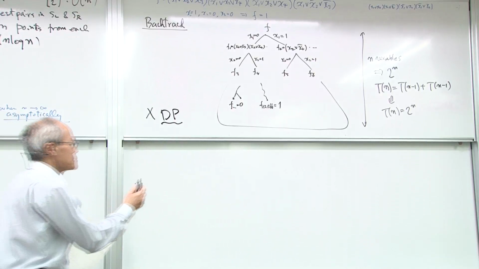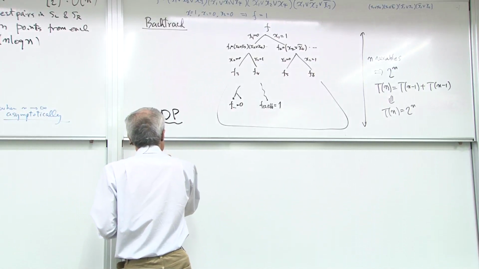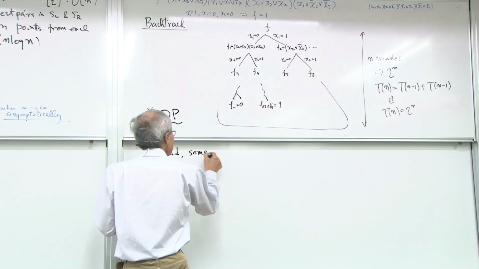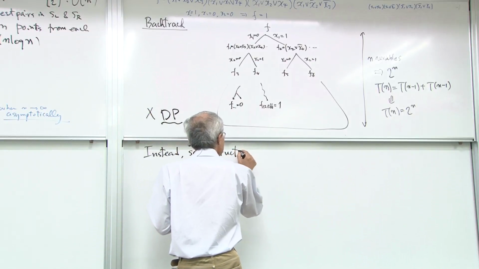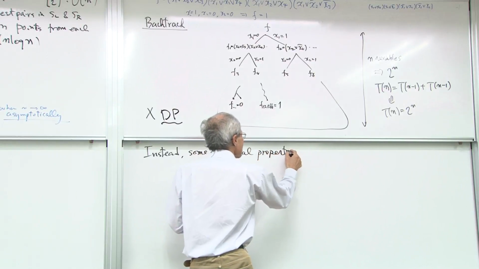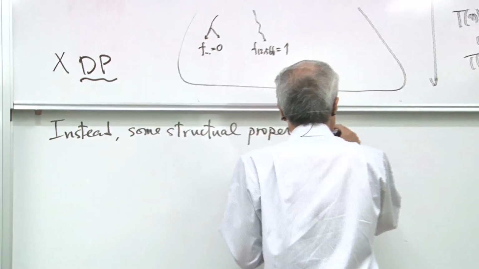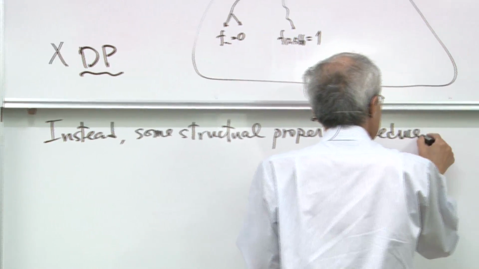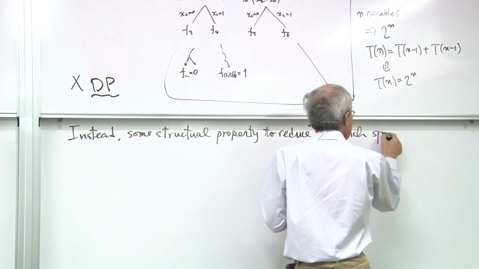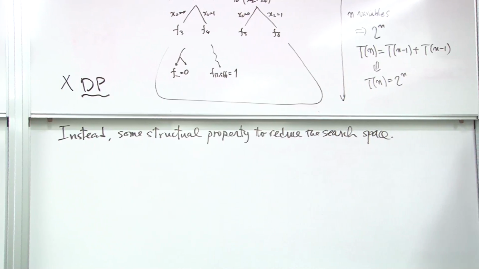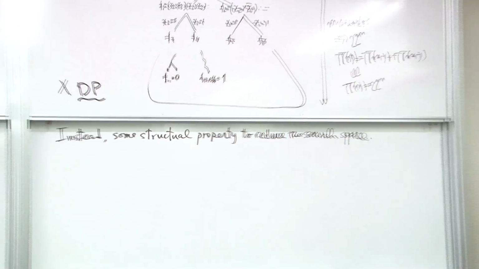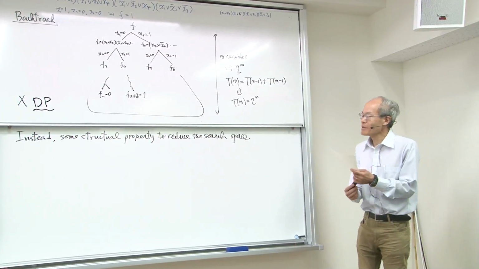But fortunately, we have some structural property to reduce this search tree. What kind of structural property?